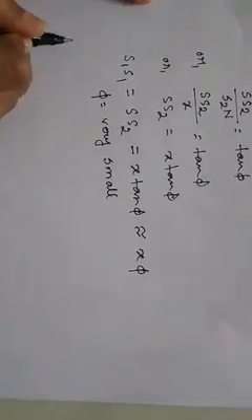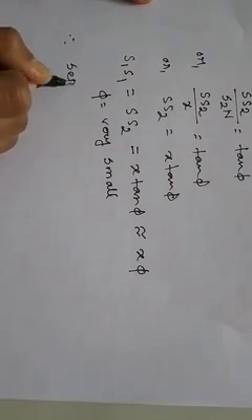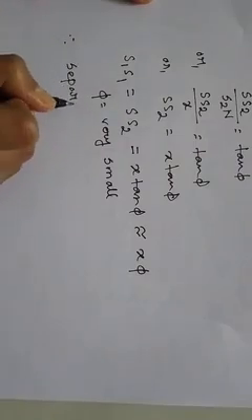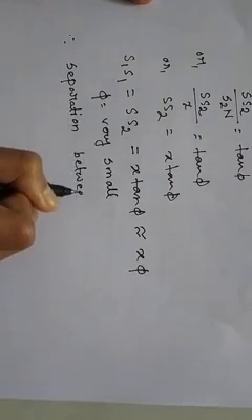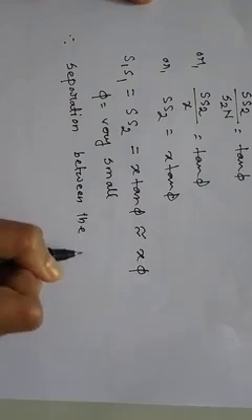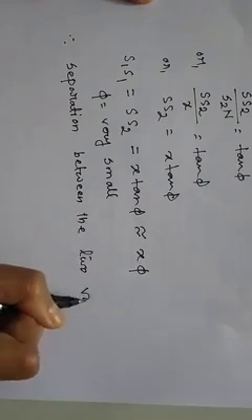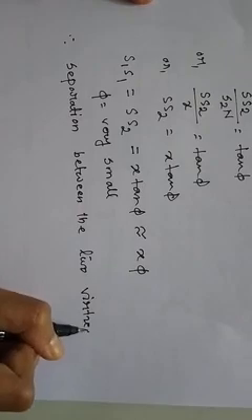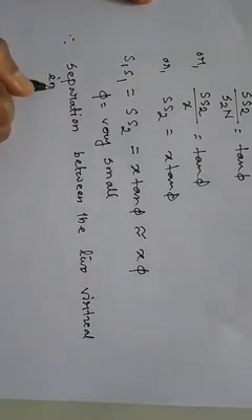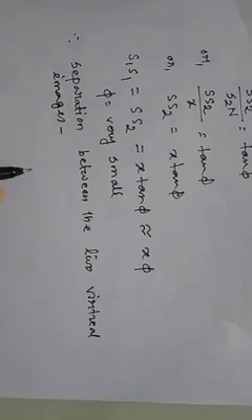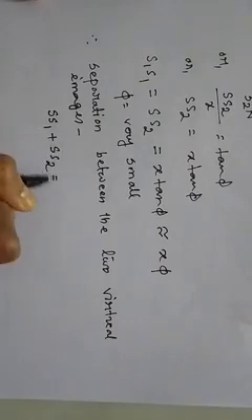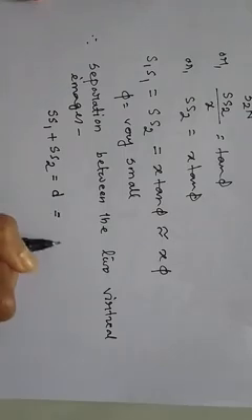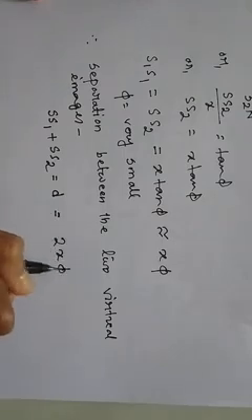Therefore, what is the separation between the two virtual images? The separation between the two virtual images is S1 plus S2, which is equal to d, which is 2x phi.